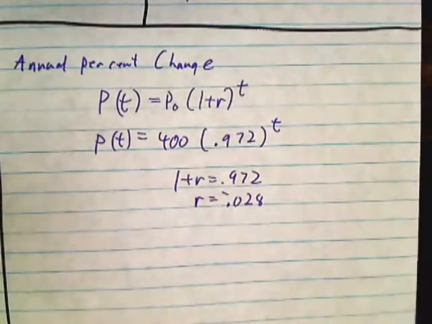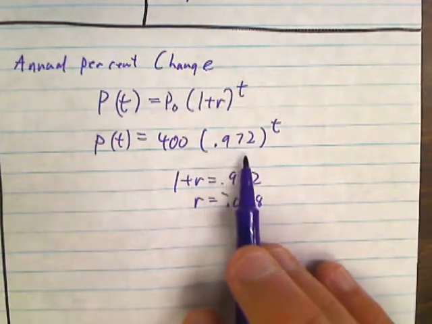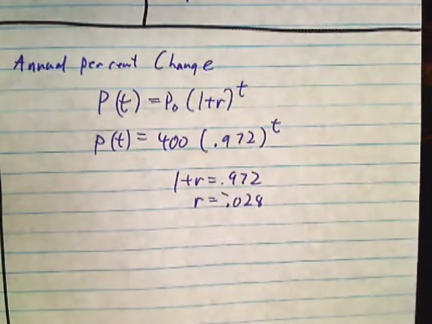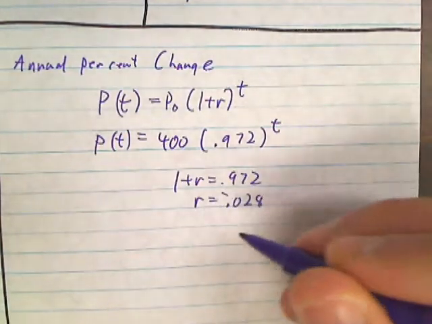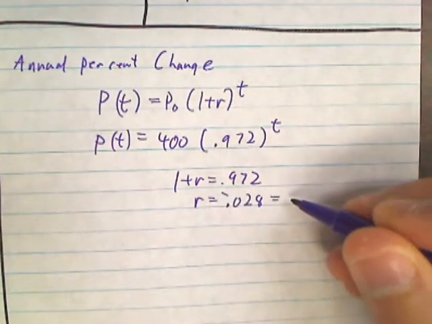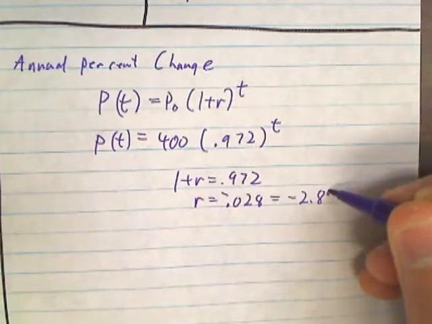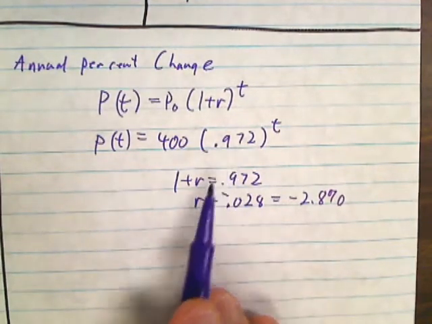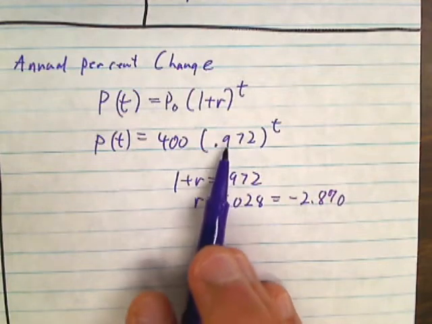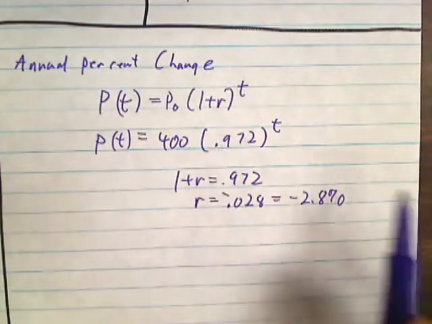So this number here is between 0 and 1, so the value will be going down. The percent change will be negative. It's decreasing. You could also say this is negative 2.8%. So to find the percent change, you need to subtract 1 from whatever number is there.